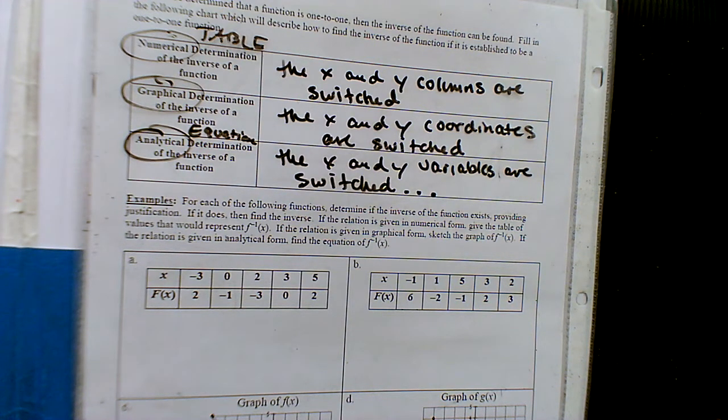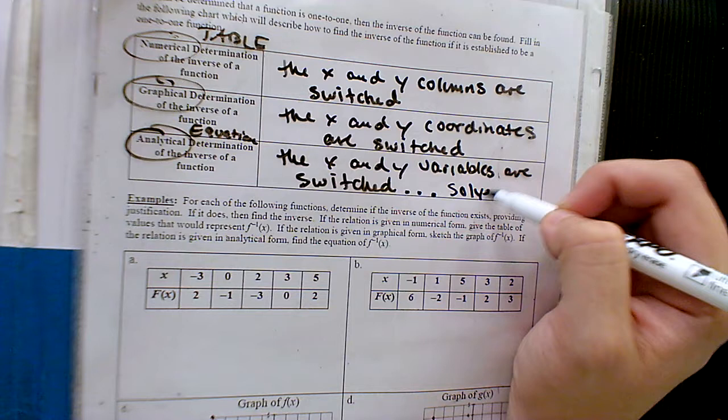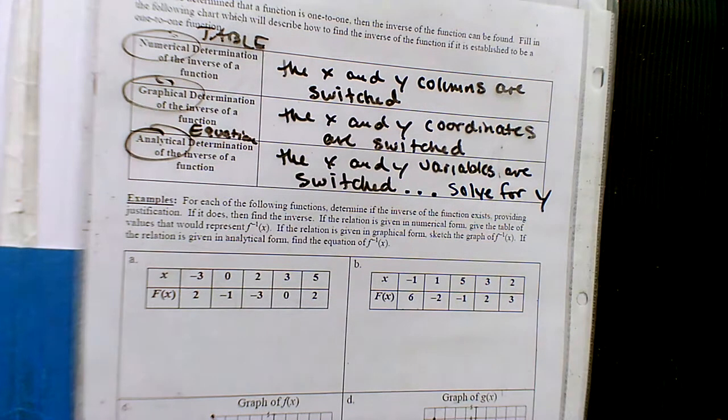That might be a little bit foreign to us. So after we switch the variables, we're going to solve for y. That way it's a little bit more eye-appealing to us, something we're more comfortable with. So that new equation we create is called the inverse equation.